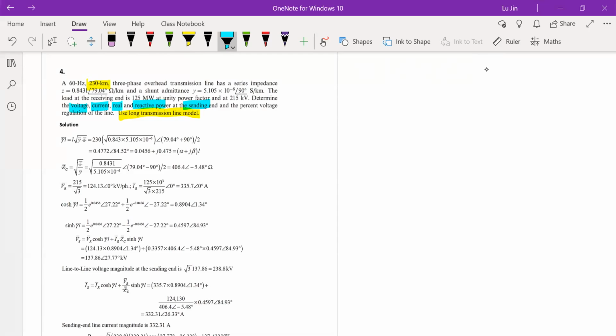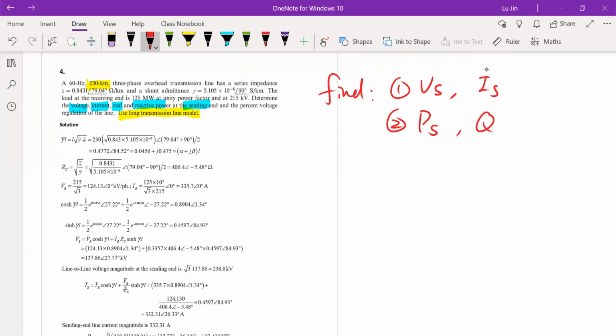So the key factors that we are going to determine are the sending end voltage and sending end current, Vs and Is. After Vs and Is are determined, we are going to determine the sending end real power, and what's the next one? Reactive power, Qs. But for such a long transmission cable, how to determine the Vs and Is?